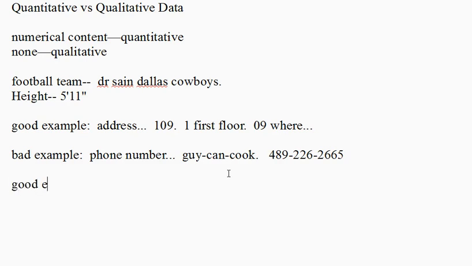So let's do just a few more good examples. Let's say, how much money do I have in my pocket? I tell you, oh, I've got 72 bucks. Okay, that is a label that describes me, and it actually does tell you, if you start pulling bills out of my wallet, how many will you find?